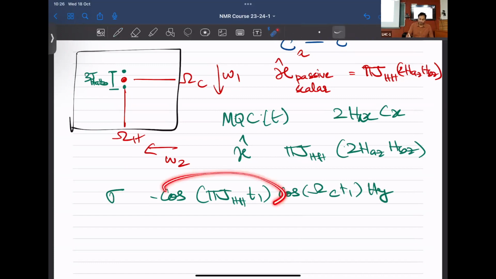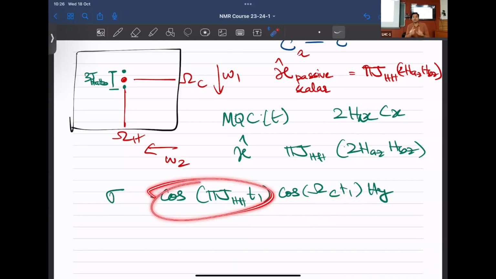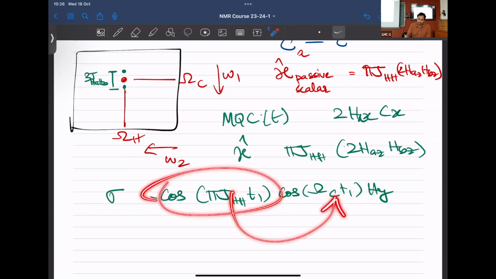And you have a cos modulation on an exp of omega C T1. Remember, you do quadrature detection to get the exp term. And therefore, this will split it into 2. Slowly, understanding Fourier transformation helps, because cos theta can be written as e to the i theta plus e to the minus i theta, divided by 2. Therefore, you will realize that this will go into this and split.